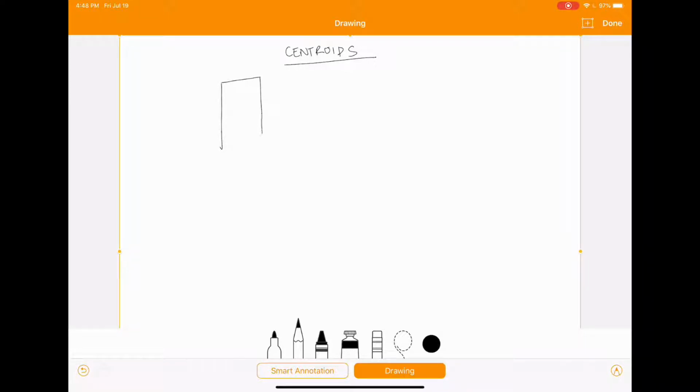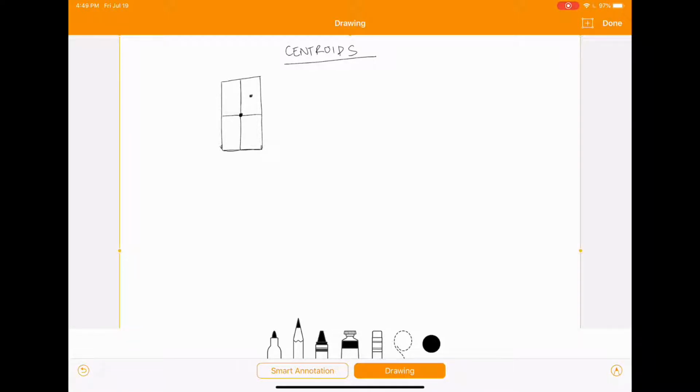If we have a rectangle, the centroid is going to be the point inside that shape where the area on all sides of that shape is balanced.